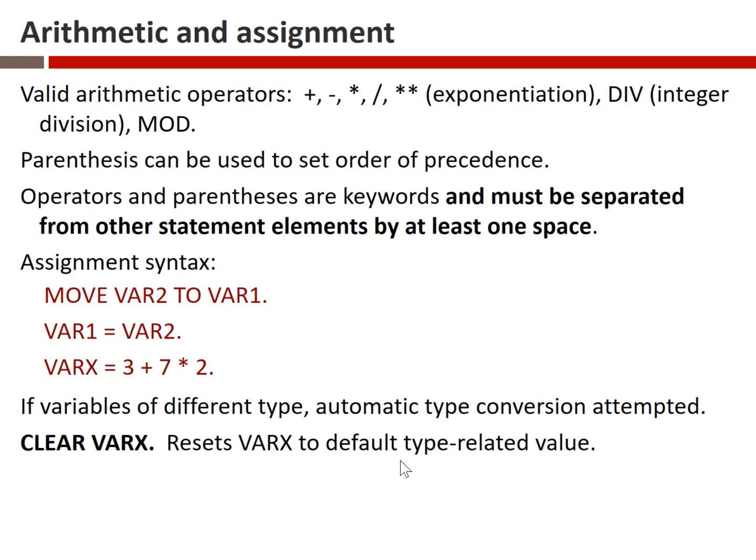What I mean by that is it would reset C or string to the null string. It would reset an integer or a floating point number to 0. It doesn't mean that if I said data X type I value 7, clearing it would set it back to 7.